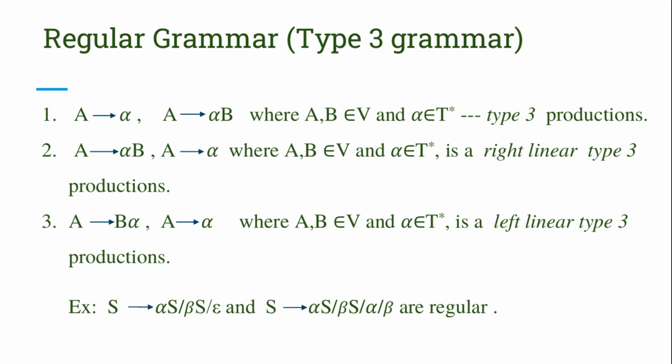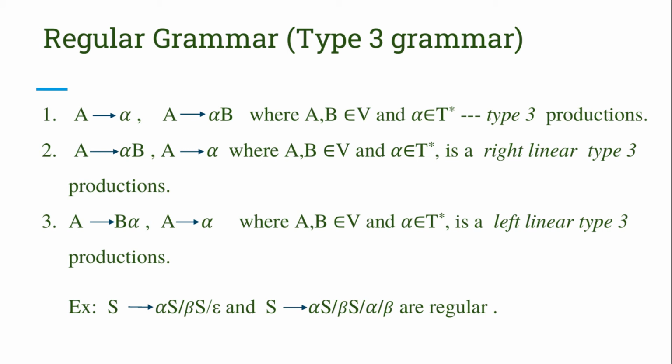Consider the examples: S to alpha S or beta S or epsilon is a regular grammar, as it includes productions of the form A to alpha B and A to epsilon. Here A to epsilon is allowed in type 3 grammar.